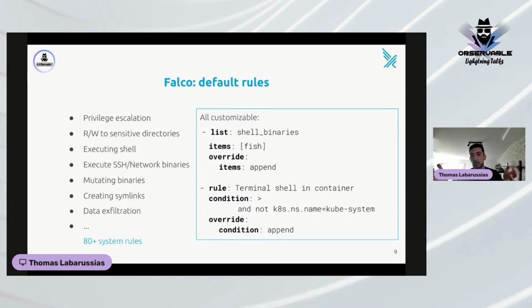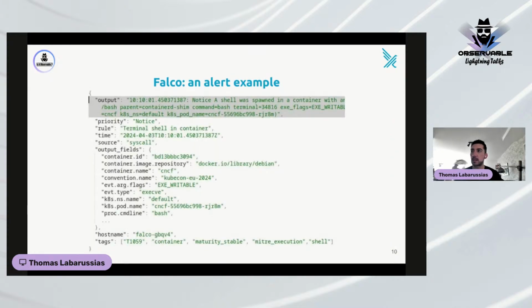So, for example, privilege escalations, data exfiltrations, mutations of binaries, crypto miners, ransomware, and so on. On the right in the square, you can see how to customize the default rules, default lists, default macros. It's easy, so you can use default rules and just create a small block to customize them in your CI files.